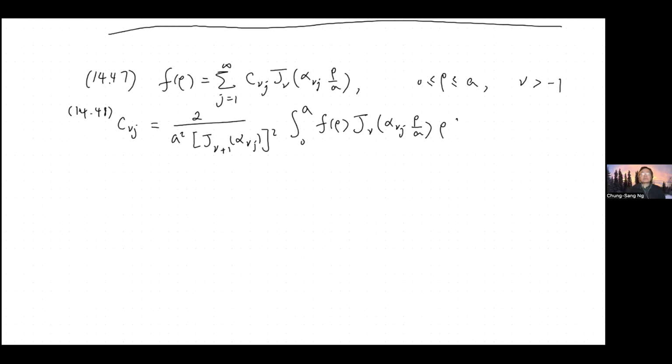Okay, so that's the formula for the coefficient.